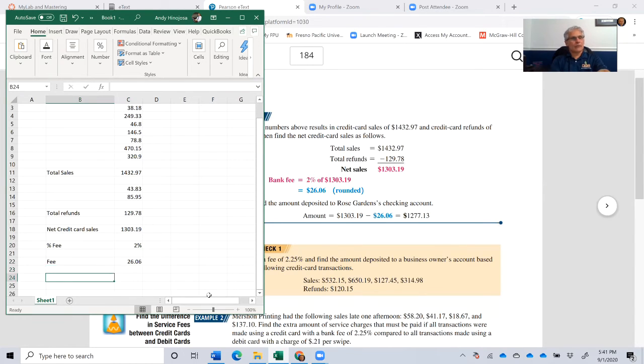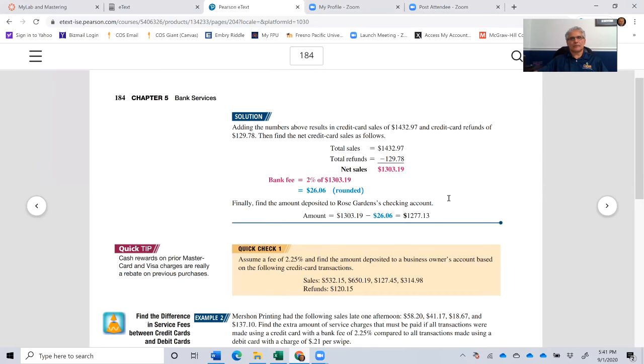And then if I want to know what my net deposit is, I'm going to take the net credit card sales amount and subtract from it 26.06, which now leaves us with a net deposit of $1,277.13, which is exactly what we have here.